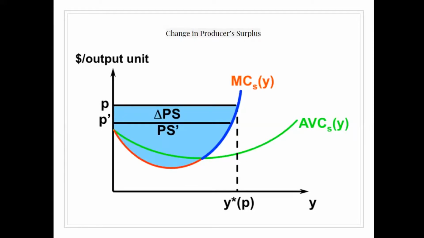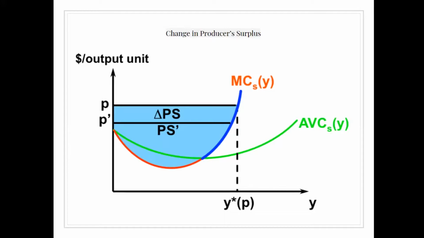So any increase in price because of a shift in the demand can essentially create a positive change in the producer surplus. Referencing the previous graph we had seen 2 slides ago, this is the new rectangle-like area in which you see the change in the producer surplus.